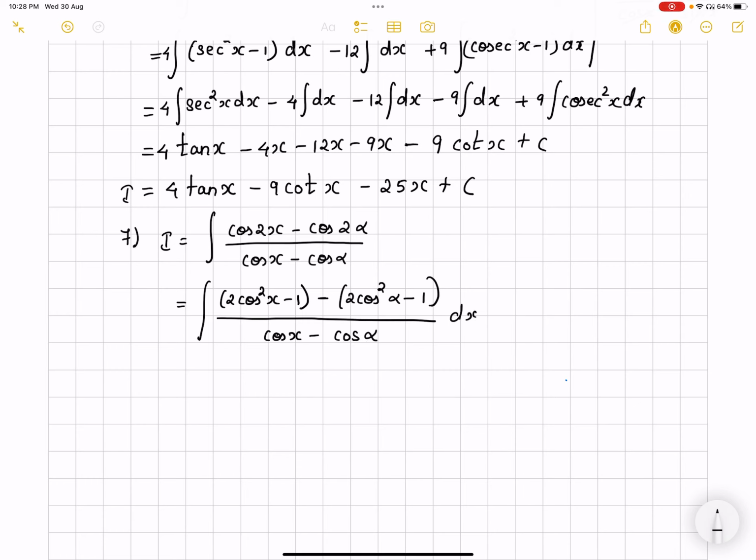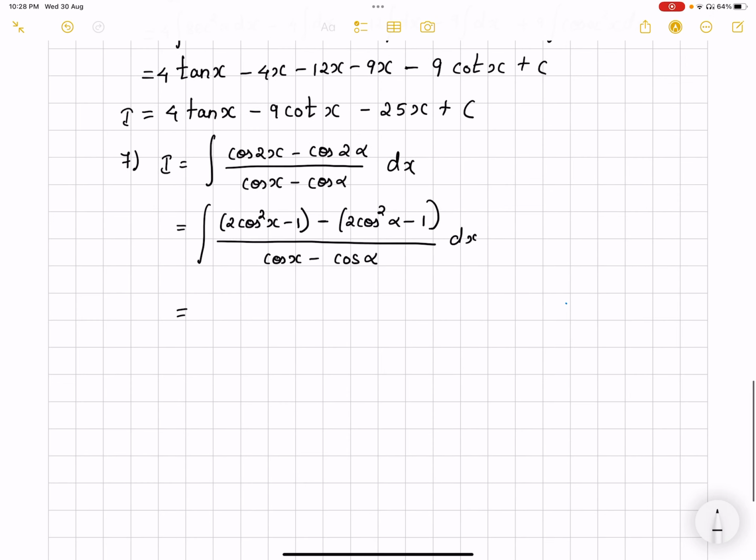Now, after this, when you observe, just subtract the minus sign, you multiply inside. You would be getting 2 cos square x minus 1 minus 2 cos square alpha plus 1 divided by cos x minus cos alpha.